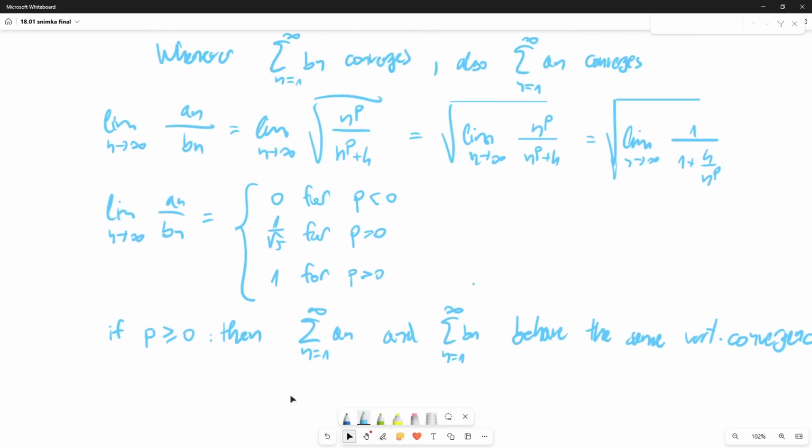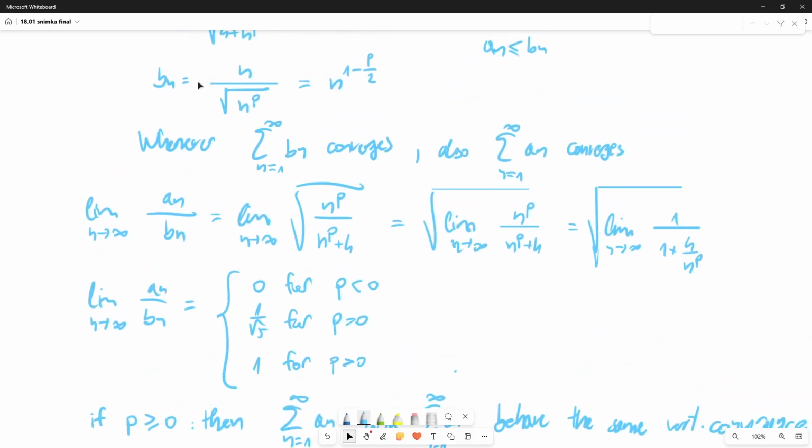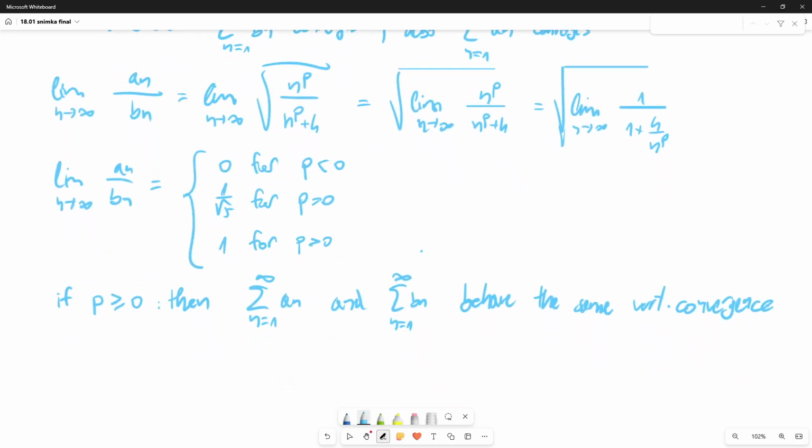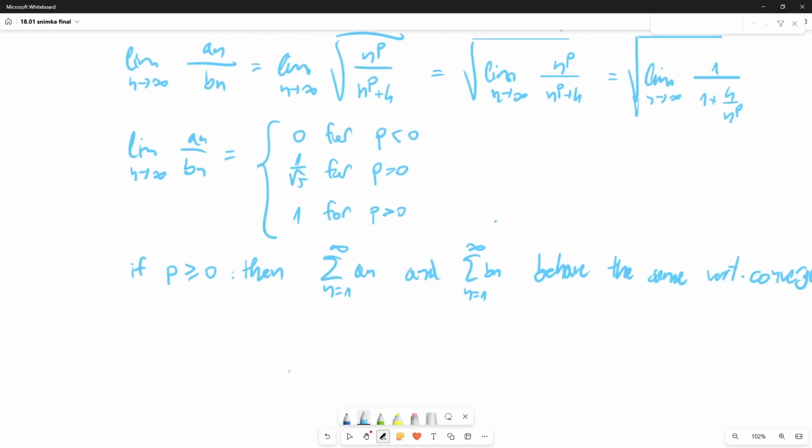So now, let's use those two conclusions that we made and try to examine the convergence of an. We will try to see when the series bn converges and try to spread the conclusion to the series of an.